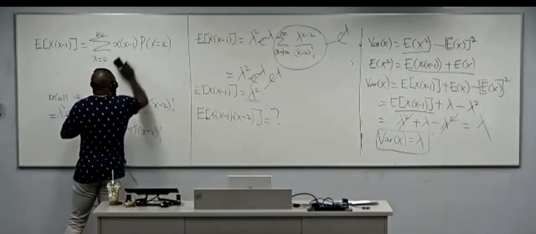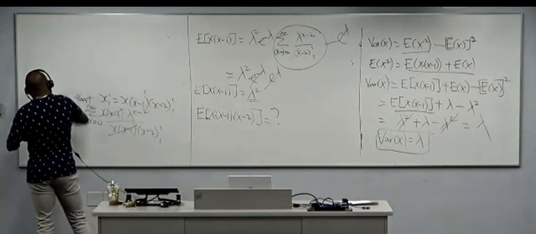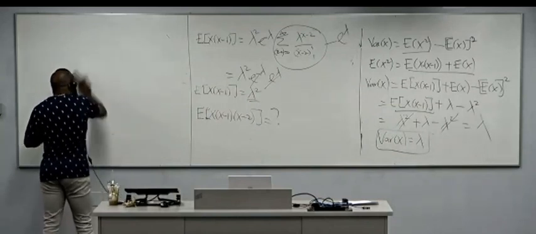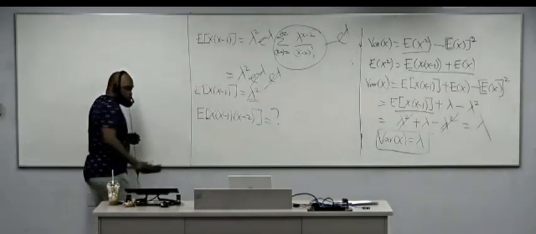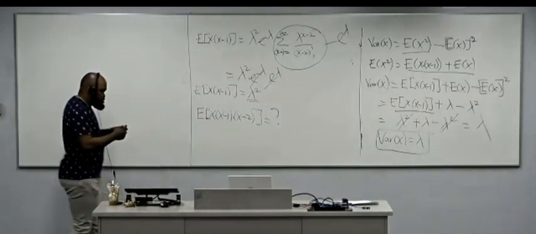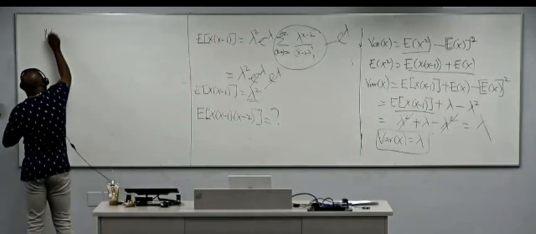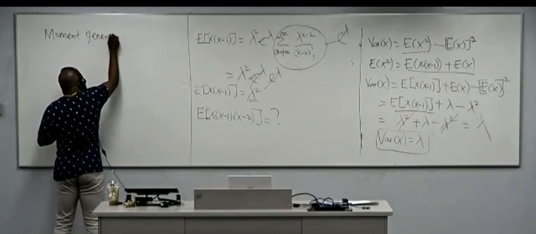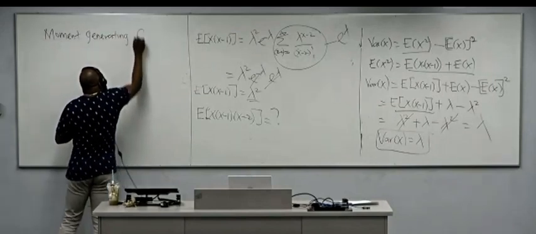It is another way of deriving the mean, the variance, and whatever we want to derive from a given probability distribution. So, moment generating function.